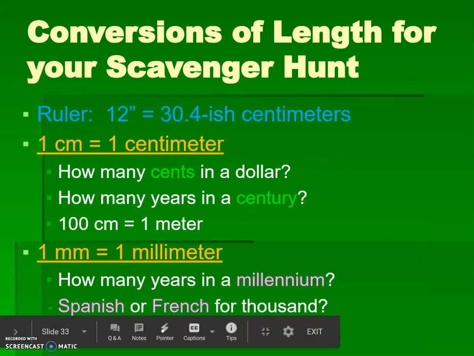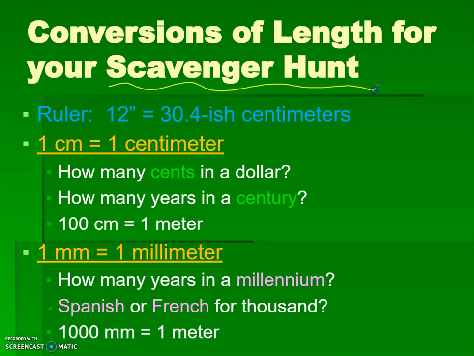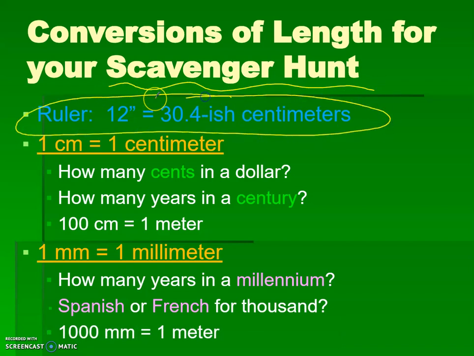Lastly, in class we will send you on a little scavenger hunt where we are looking at lengths and masses and volumes. We're going to use a ruler, and you're basically going to figure out exactly what the imperial and what the metric equivalent is going to be.